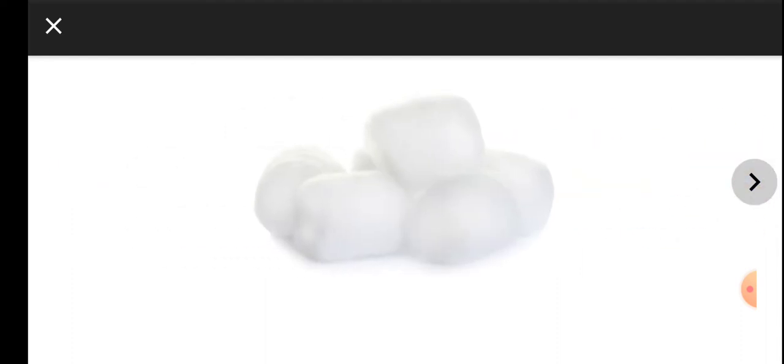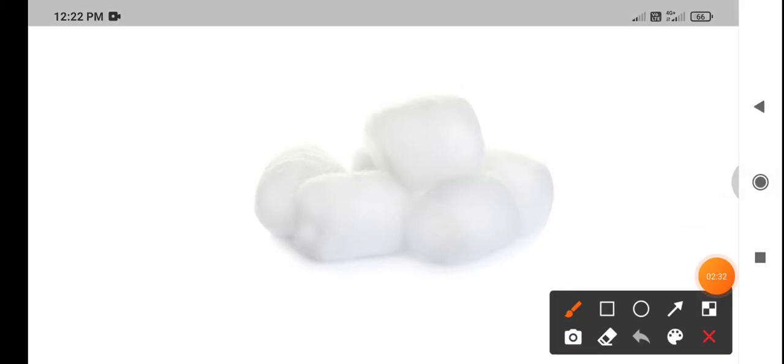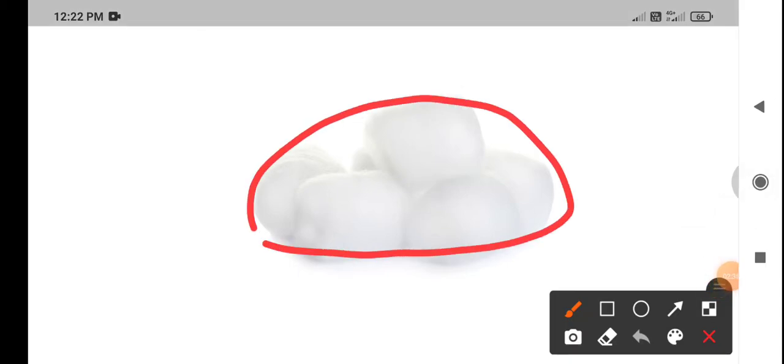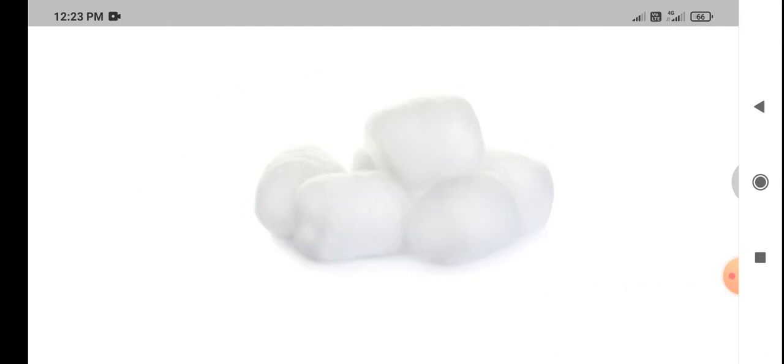So what you are able to see here in this picture, these are the cotton balls. How are they coming, how are they a different type of crop, for what purpose are farmers growing them, we'll see now.